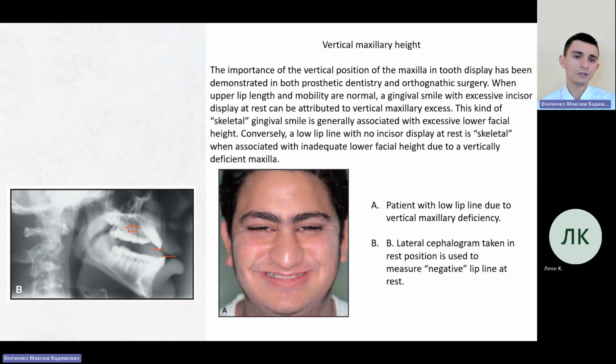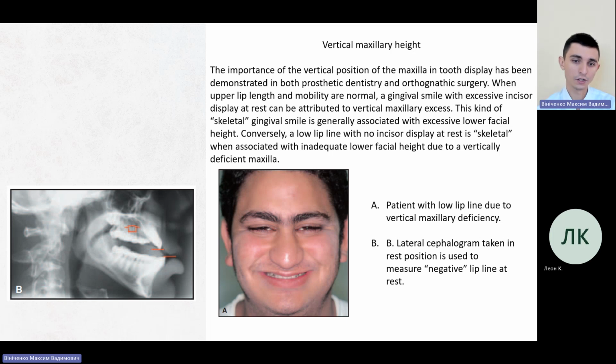This kind of skeletal gingival smile is generally associated with excessive lower facial height. Conversely, a low lip line with no incisor display at rest is skeletal when associated with inadequate lower facial height due to a vertically deficient maxilla.